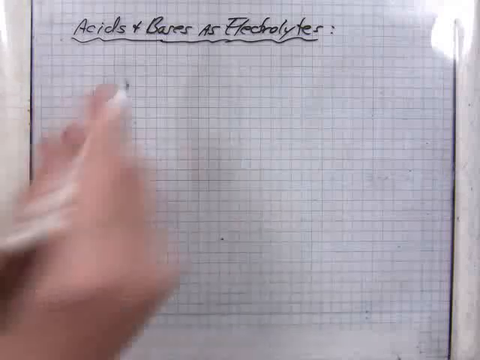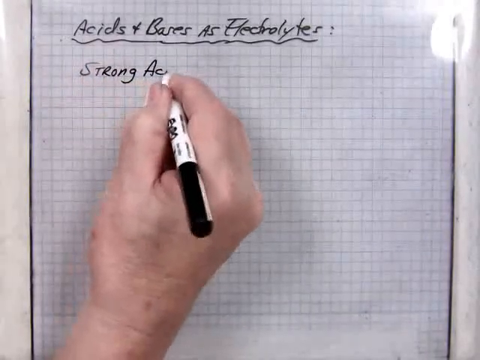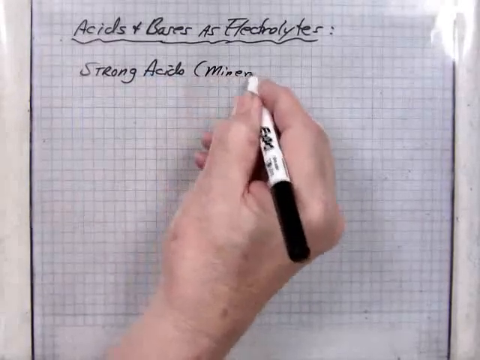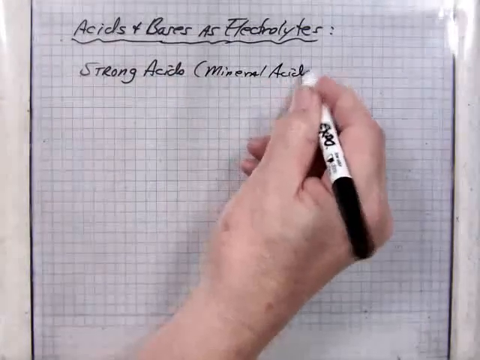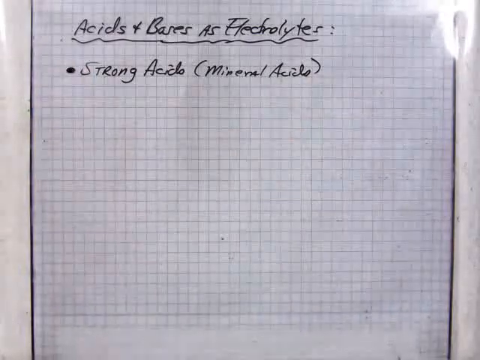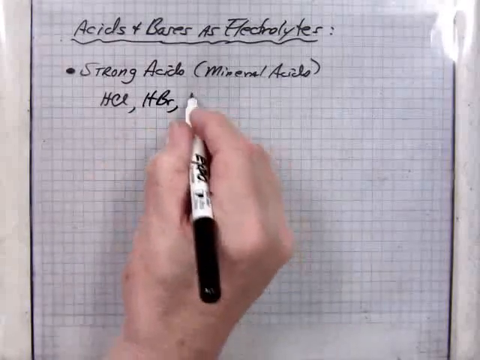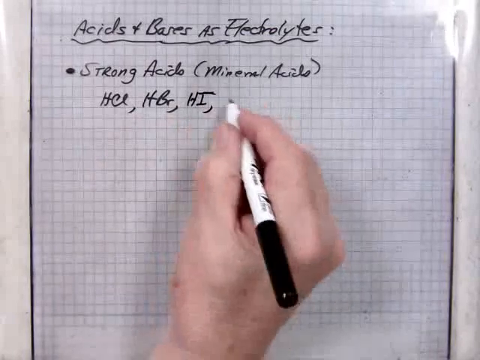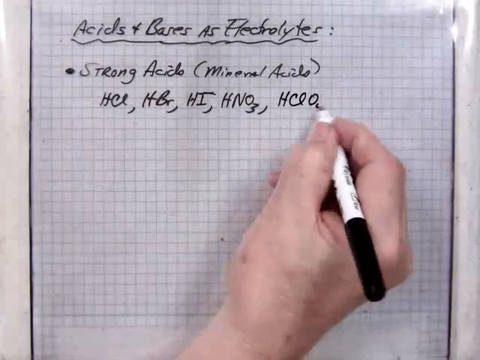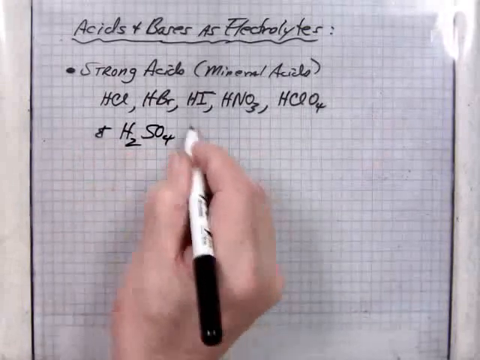So in the following, strong acids called the strong mineral acids include HCl, HBr, HI, HNO3, HClO4, and H2SO4, first ionization step.